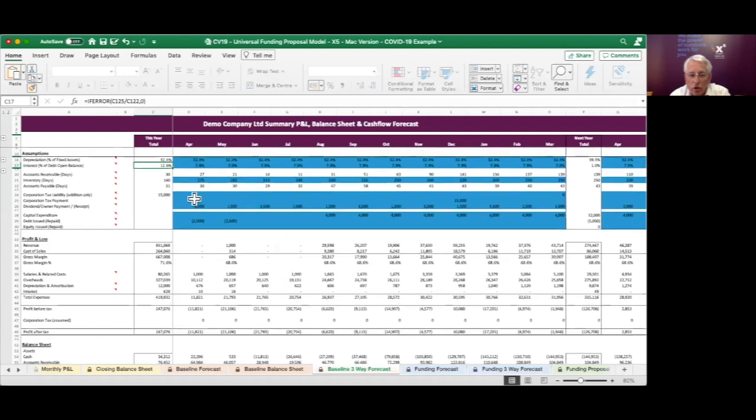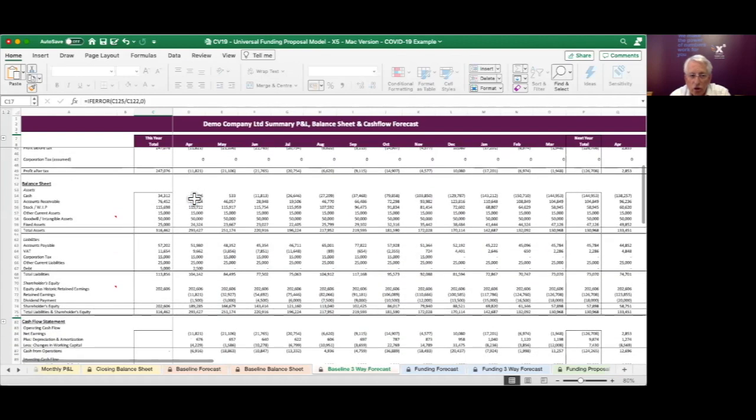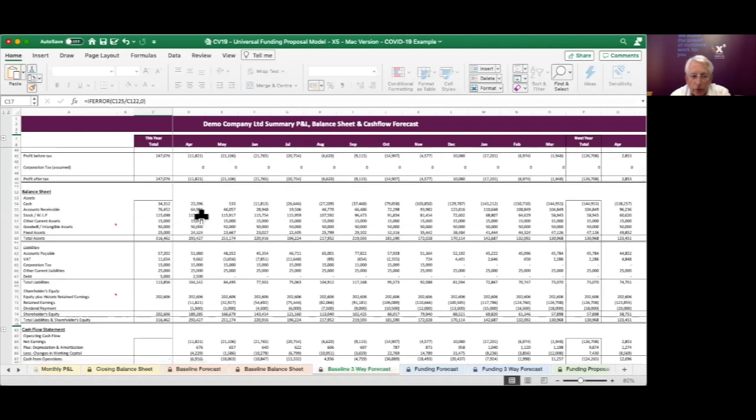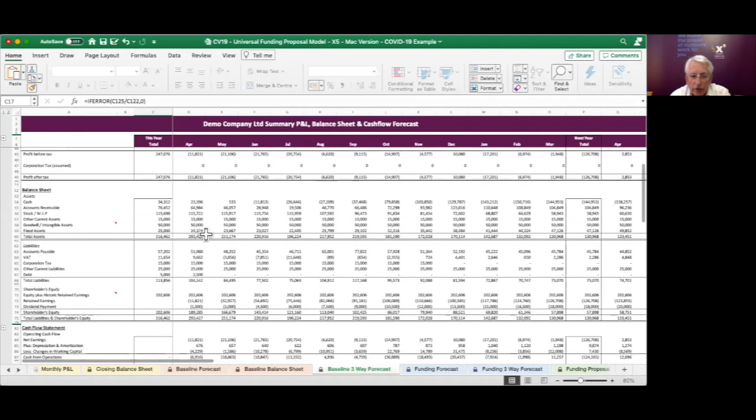Now, let me just demonstrate the balance sheet where you're looking at your fixed assets. You look at your cash, your accounts receivable, your goodwill, intangible assets, and your fixed assets, 24,324 here.